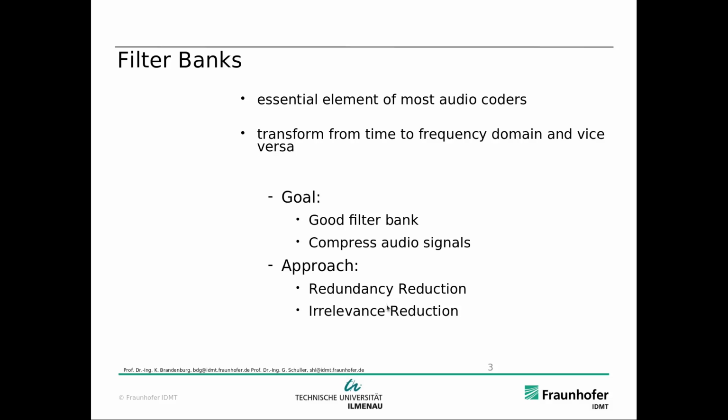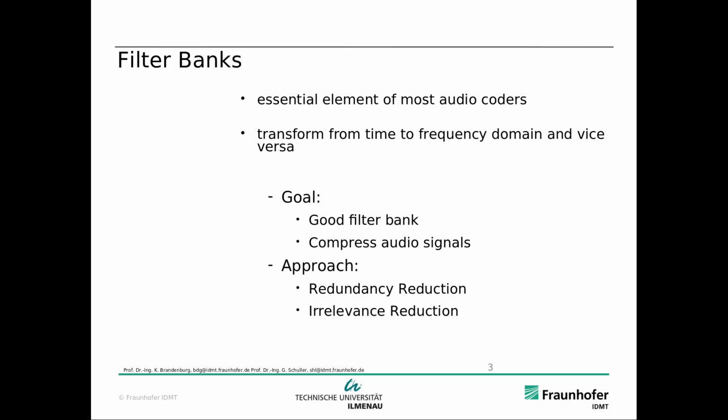Then we also apply irrelevance reduction, which is the properties of hearing, which is why we use the psychoacoustic model, right? So the psychoacoustic model tells us what information the ear is sensitive to and which information the ear is less sensitive to. And we can use that to adapt our quantization step sizes, right?